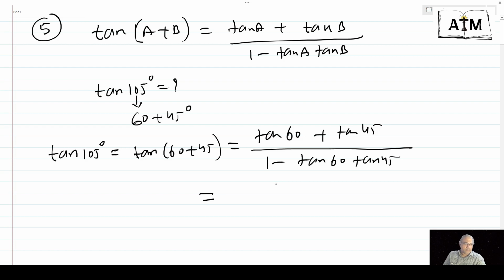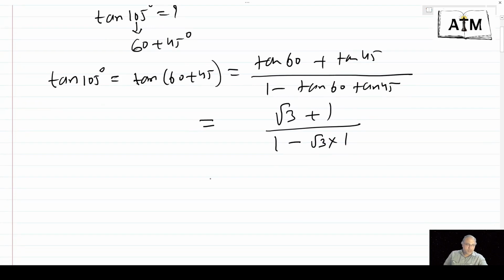Now writing down the respective values and simplifying, we get tan 105. Tan 60 is root 3, tan 45 equals 1, upon 1 minus root 3 into 1. So that equals root 3 plus 1 upon 1 minus root 3, which is tan 105.